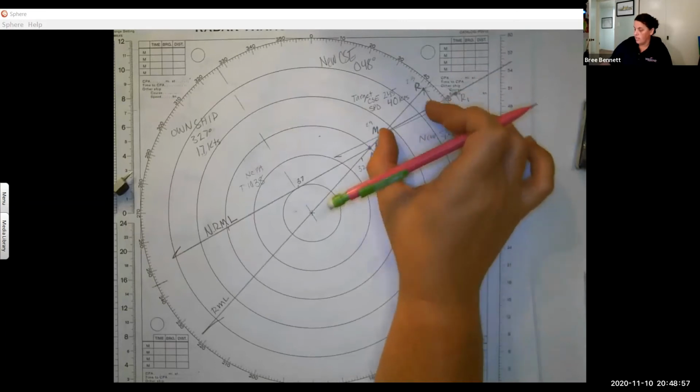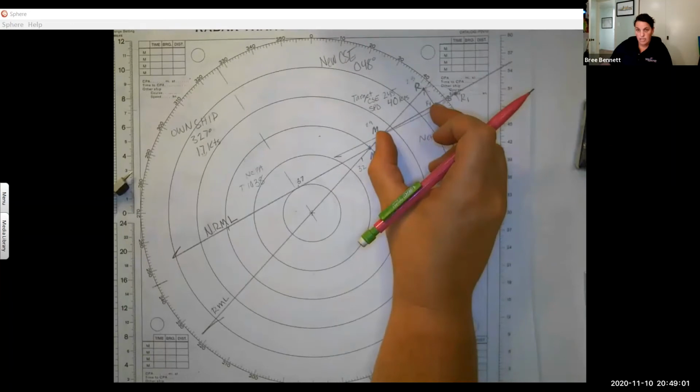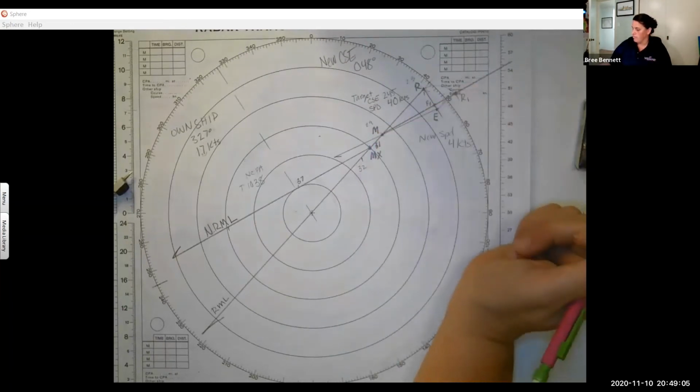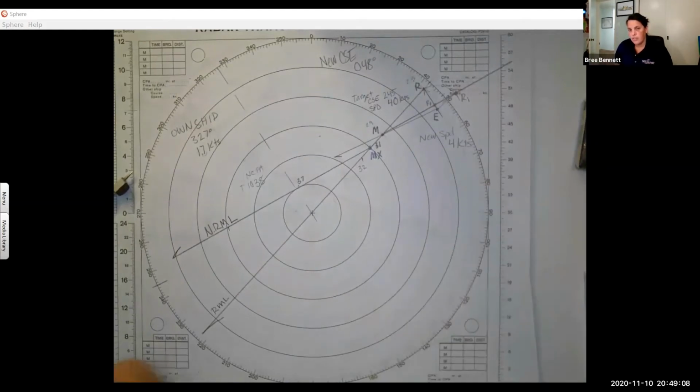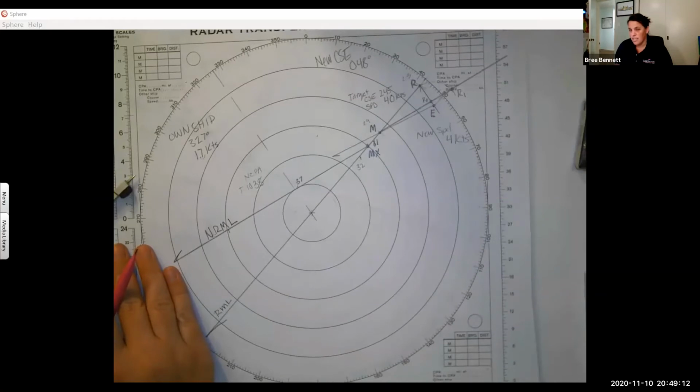If you do the speed, you just use the new relative motion line on the speed, wherever your R is. Okay. Making a little sense? Okay.